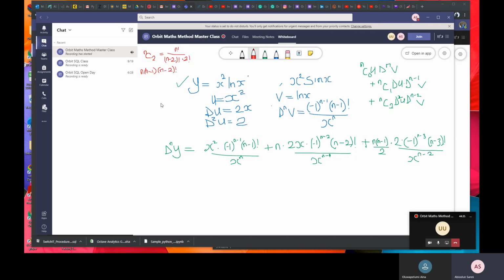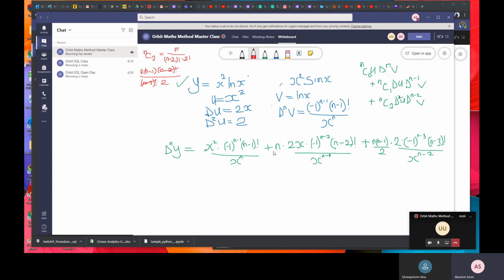Do you agree? Yes. So, all over n minus 2 factorial times 2 factorial. 2 factorial is 2, right? Yes. So n minus 2 factorial cancels n minus 2 factorial. So I will have n times n minus 1 over 2. Do you understand?